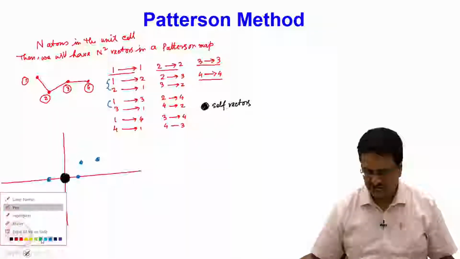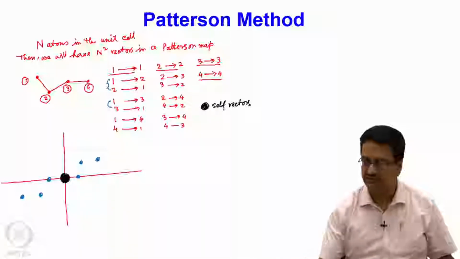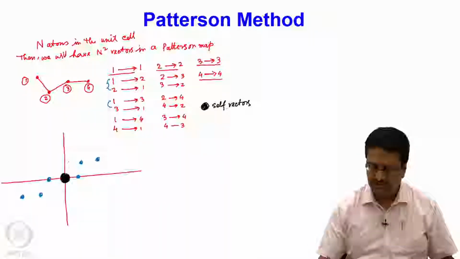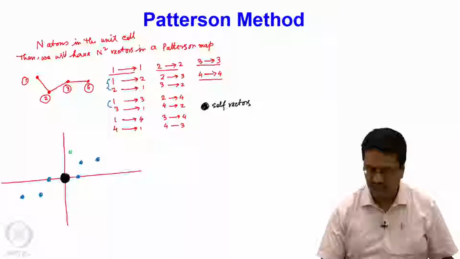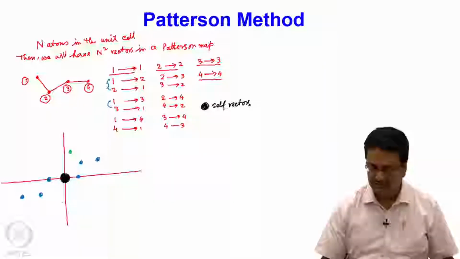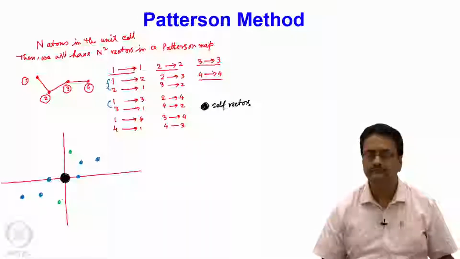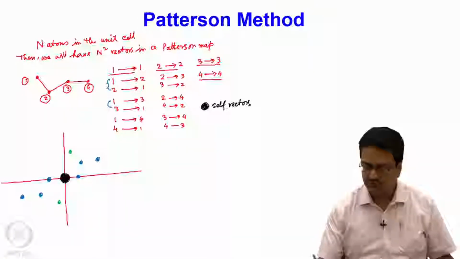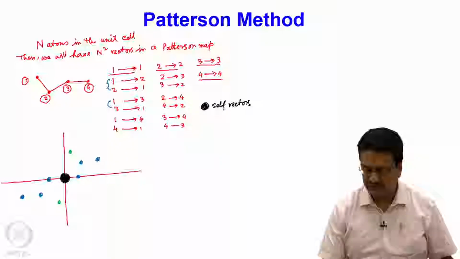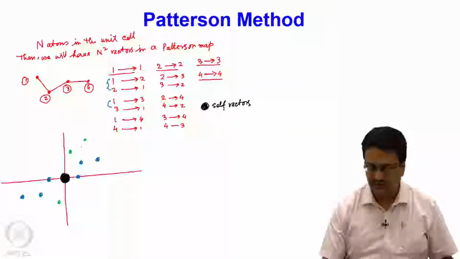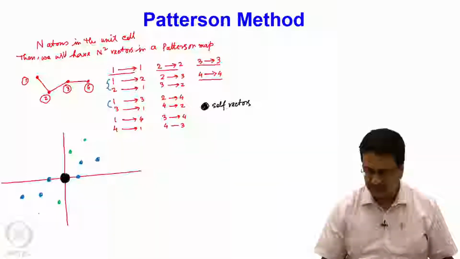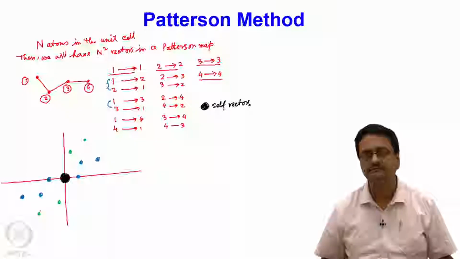Now, if we look for the vectors 2 to 3 and 3 to 2, suppose 2 to 3 appears somewhere there, so the corresponding 3 to 2 will appear here. 2 to 4, if it appears somewhere there, it will have 4 to 2 at this point.